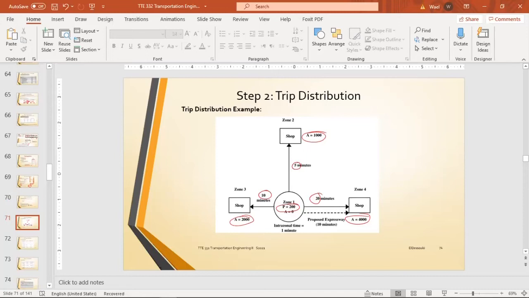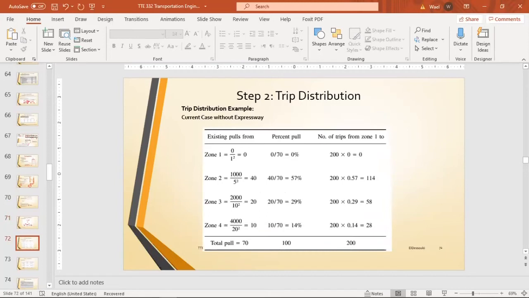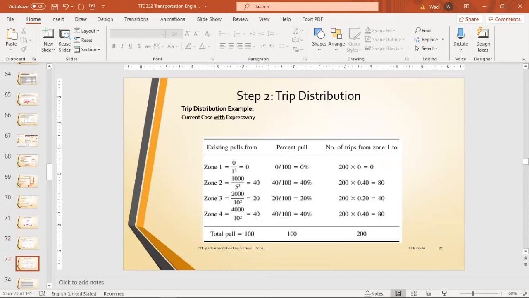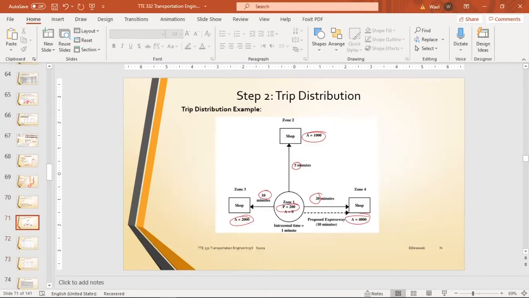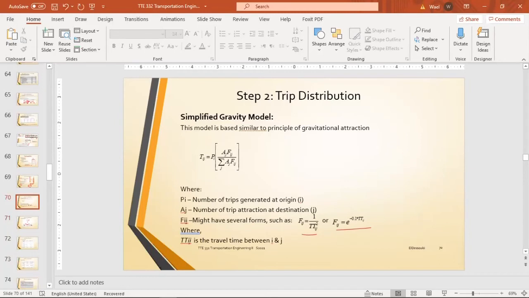Okay. Let's go to this equation. First, we calculate the friction. So the friction, zone 1, it has the friction here, or the pulling to the zone. How much pulling force to the zone? That's the attraction multiplied by Fij.